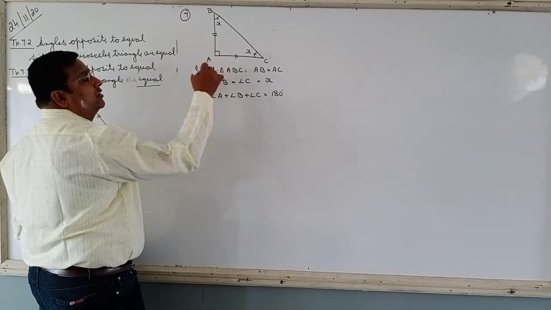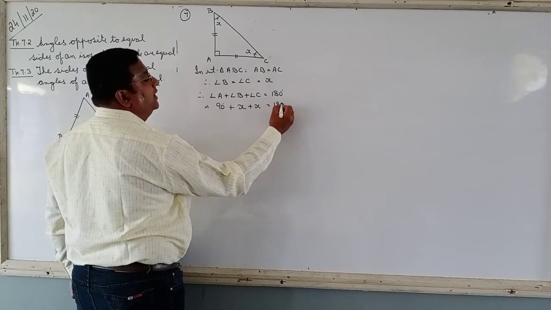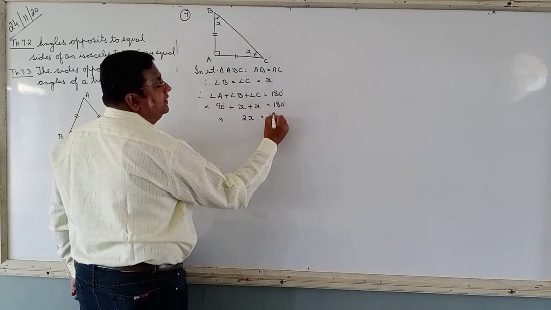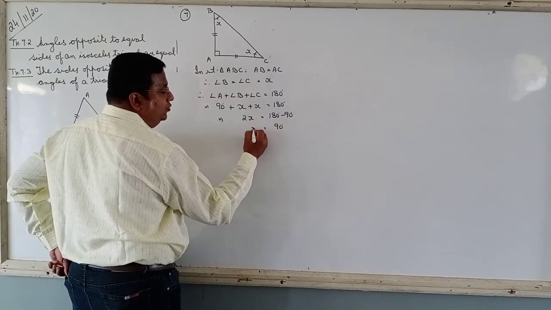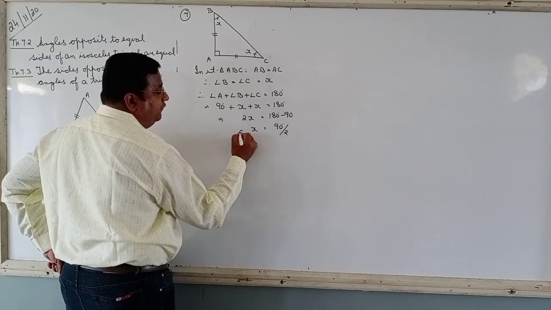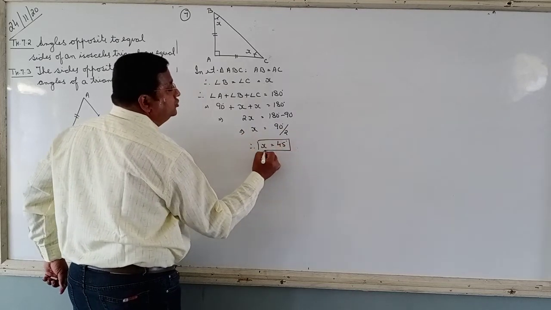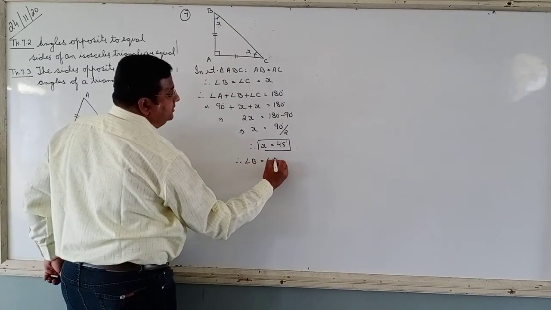Angle A is already 90, plus x plus x is equals to 180. So 2x plus 90 equals 180, 2x equals 180 minus 90. So x is equals to 90 upon 2. So therefore x is equals to how much? 45. Any problem? So angle B and C both are how many degrees? 45 degrees. Simple question.